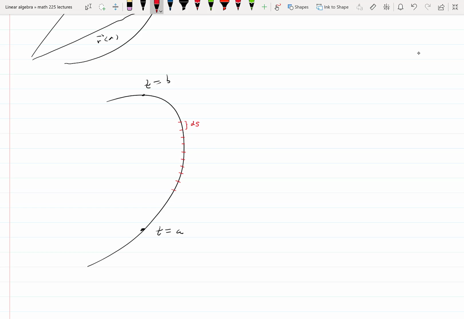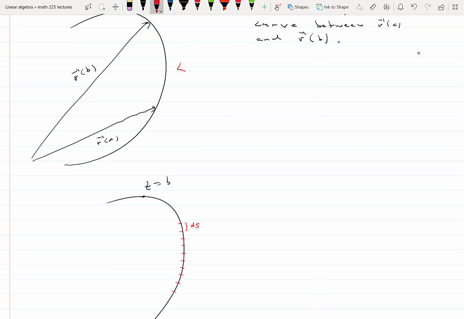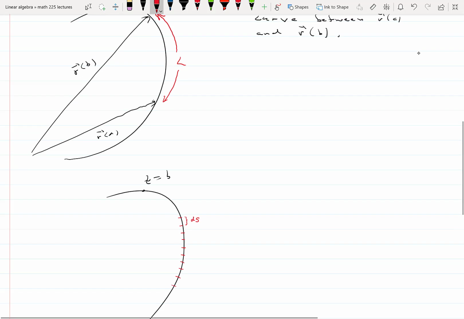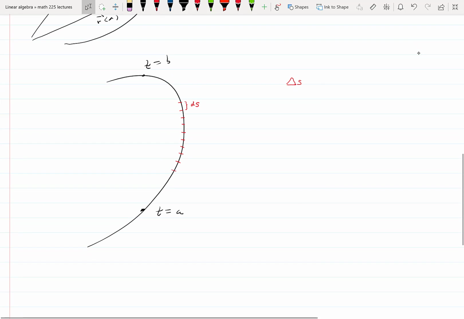So let's call the arc length L. L is the length of the arc that we're after. The idea is to break L into an infinite number of infinitely small arc lengths, and then sum them up. If we were using delta s for a very small change in arc length, but not infinitely small, we would sum up those small bits by using sigma notation.